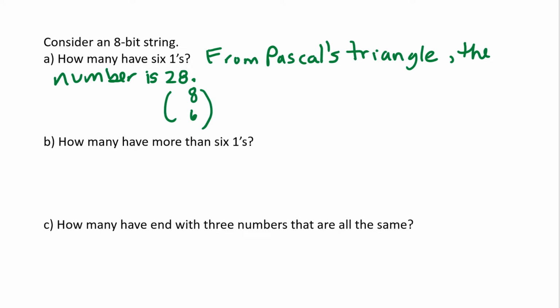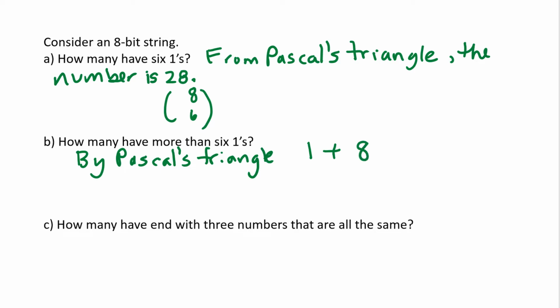So, by Pascal's triangle, we get that there is one way to get all ones and 8 ways to get 7 ones, and so that total is 9.